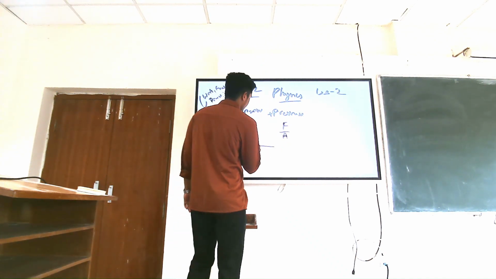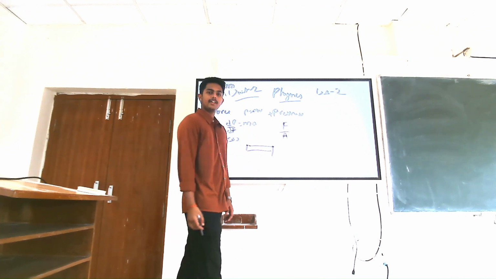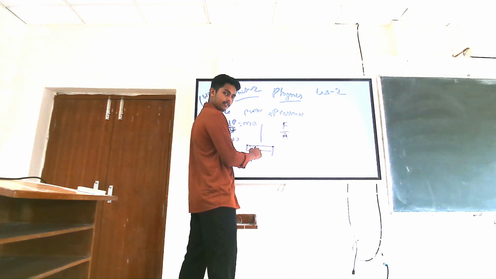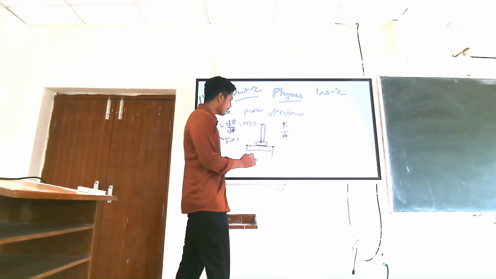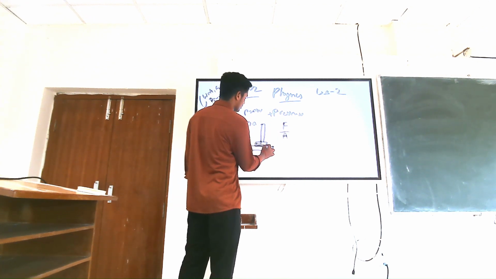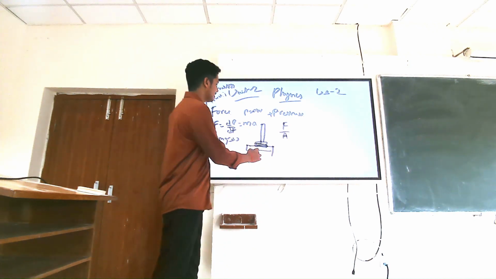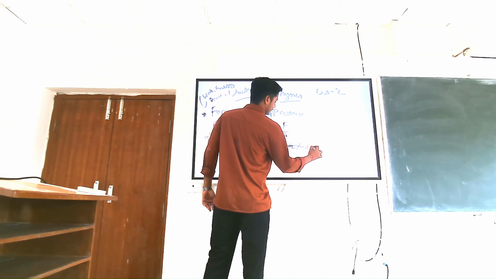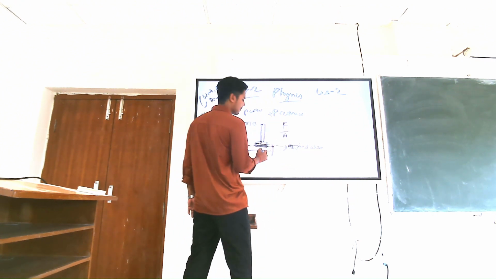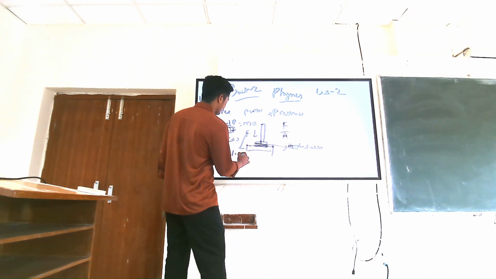For example, there is an object, let's say a plank. Now pressure is applied by a hammer, let's say this is a hammer. The surface area on which the force is applied, this rectangular part, is the applied area, and whatever force is applied, let's say 100 Newton.